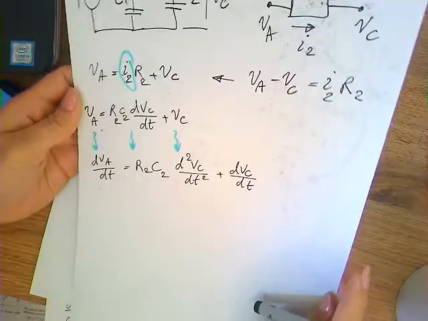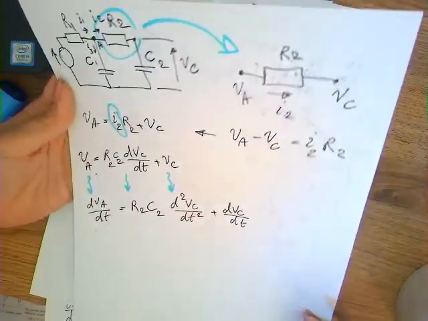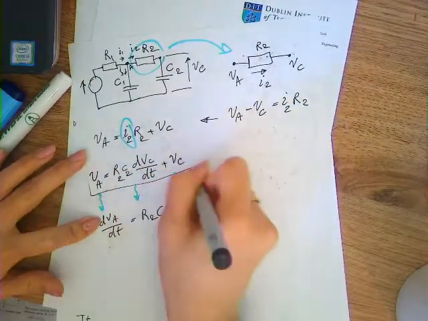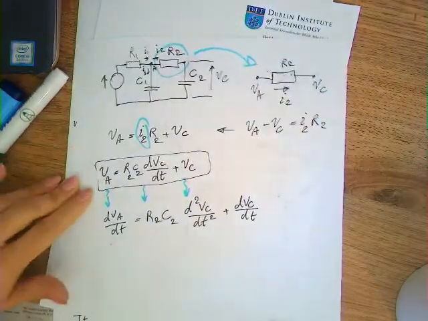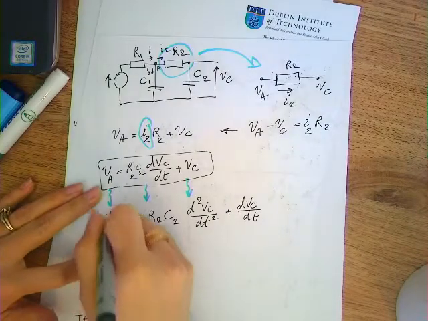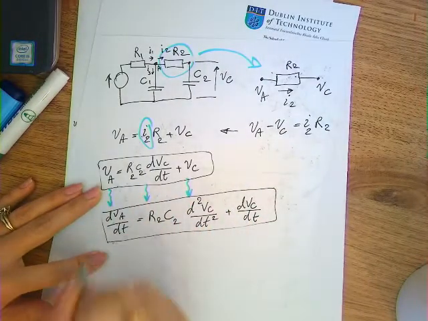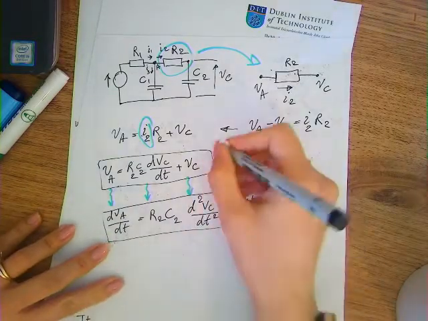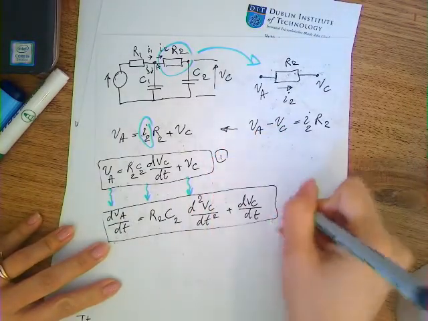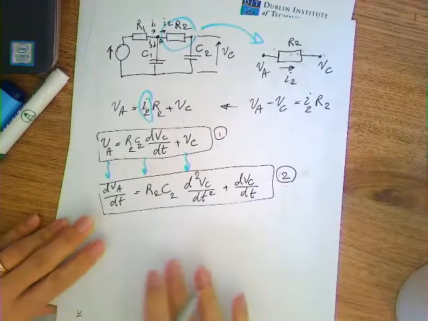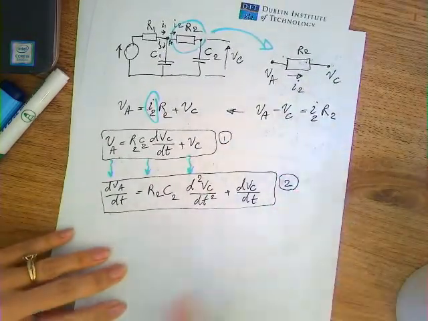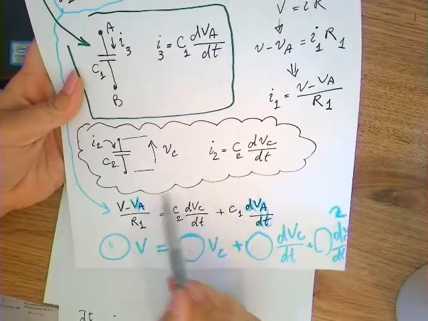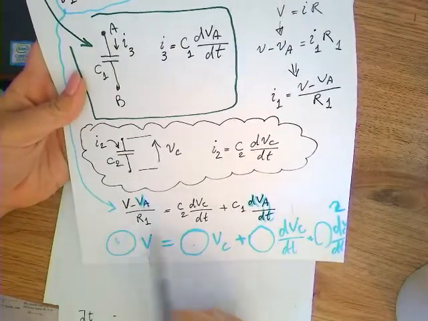So from here I can use this equation for replacing the VA, and I can use this equation for replacing the derivative of VA over time. So if I call these 1 and 2, I'm going to use 1 and 2 to replace inside the equation that I got earlier.